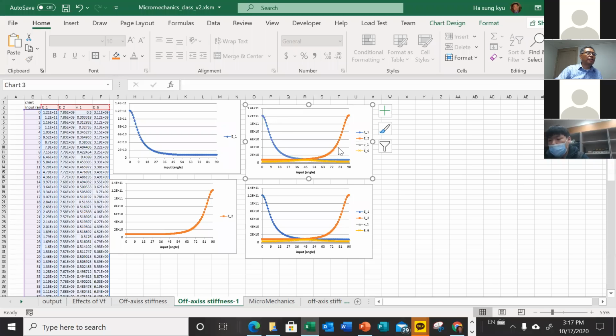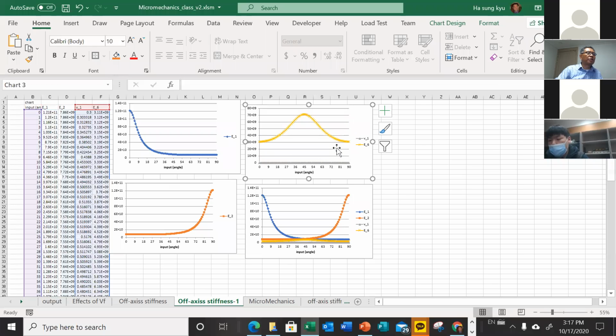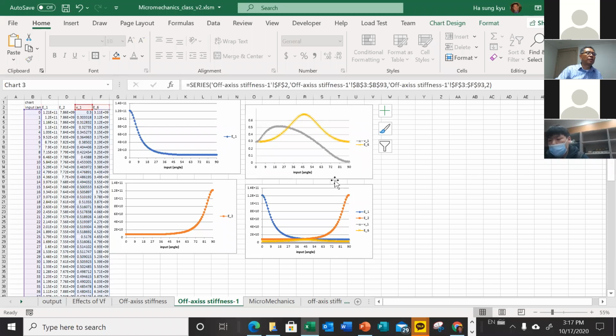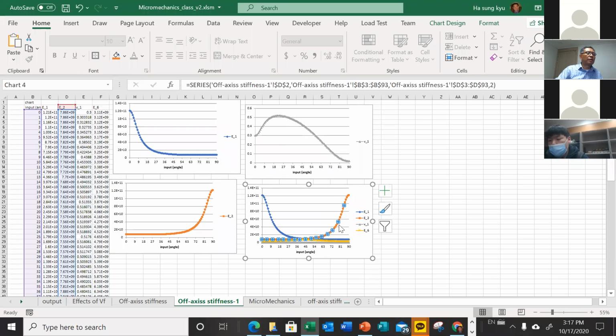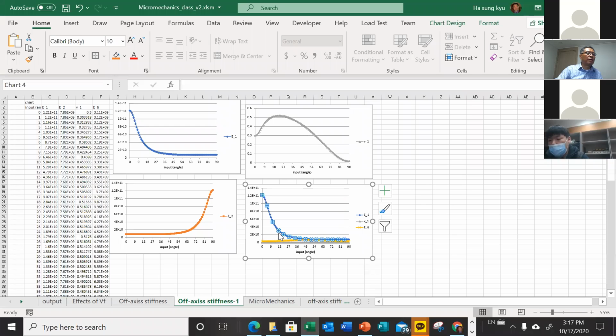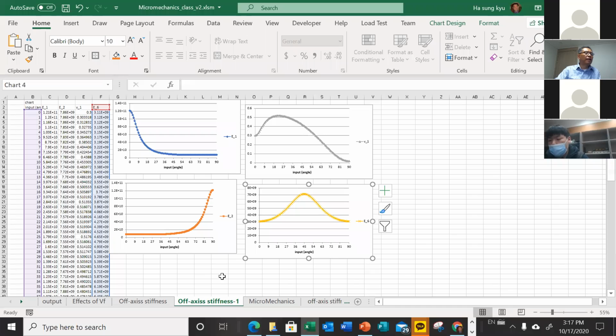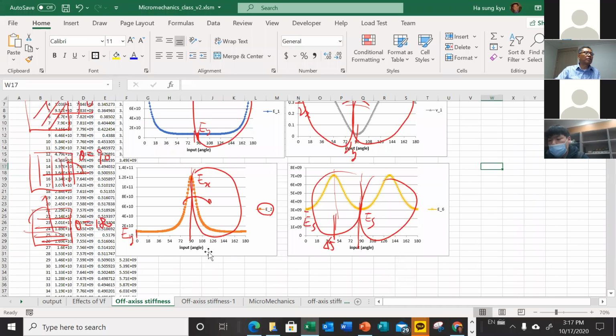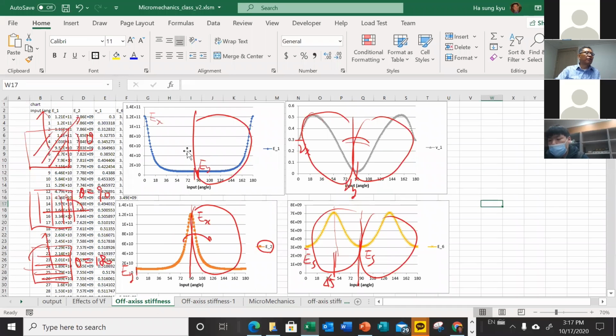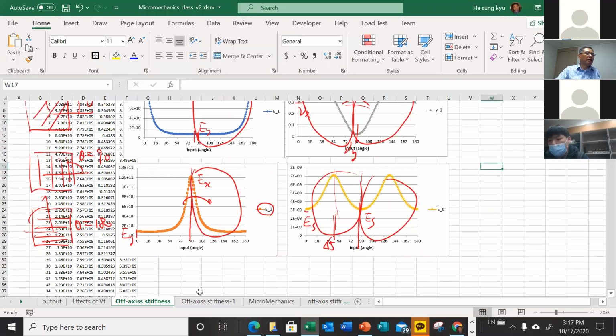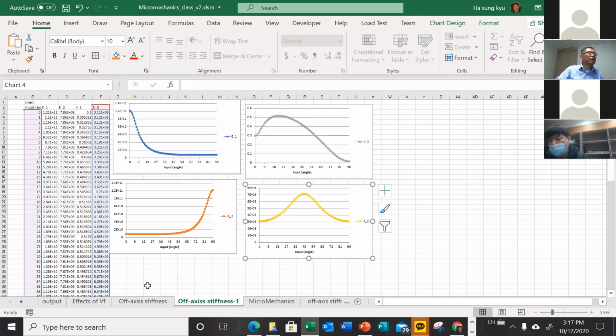And here is the Poisson's ratio. Here is the shear stiffness. Okay, exactly the same, but I just like to emphasize that they are repeating after 90 degrees, exactly the same. I like to double check.